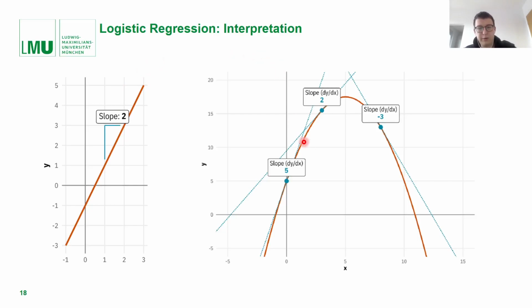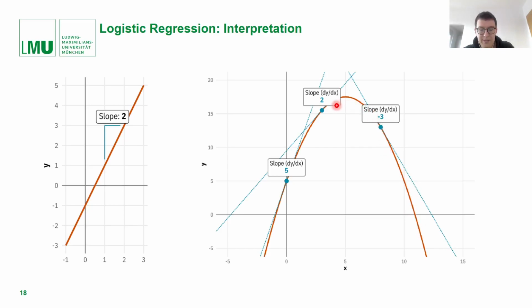But for our logistic regression, the regression function could look like this. And the slope is definitely not the same at every point on this function as it is for the linear regression. For example, here we have a slope of 5. Here we have a slope of 2. Slope of -3, even a negative slope is of course imaginable.